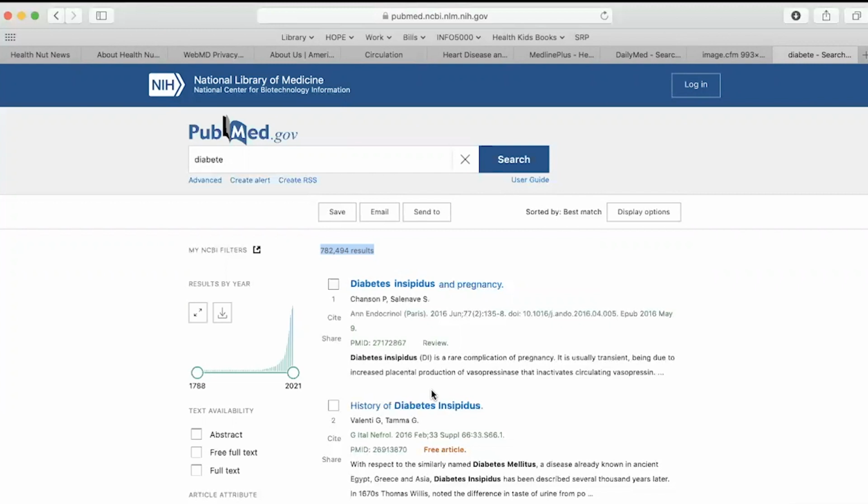So this is where you would go for that. Medical professionals and medical libraries use this as one of the go-to resources to find the latest information about a particular health topic.